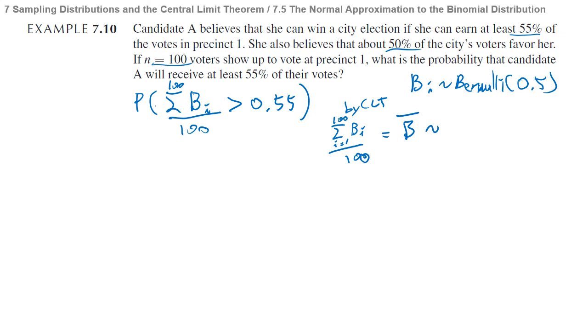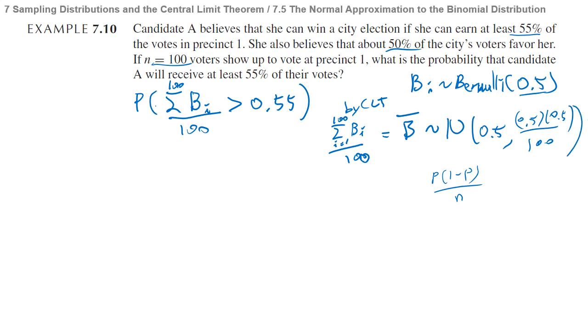And this follows a normal distribution with mean p, 0.5, and the variance is p(1 minus p) divided by n. So the variance term is 0.5 times 0.5 over 100.